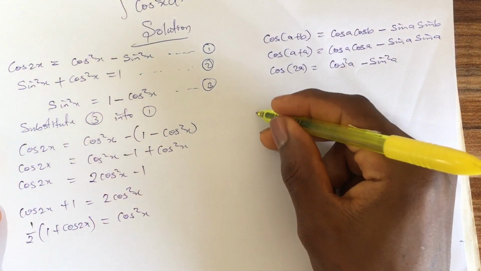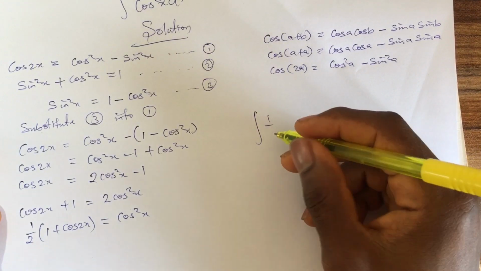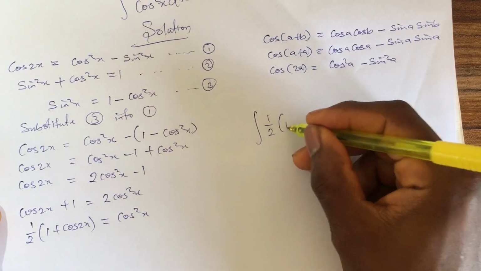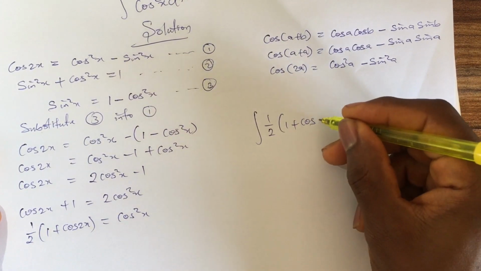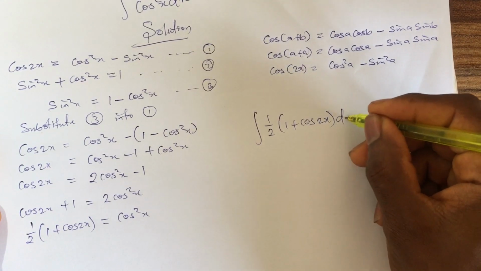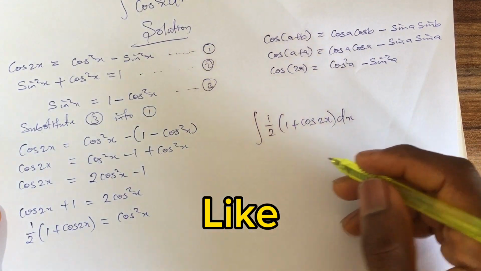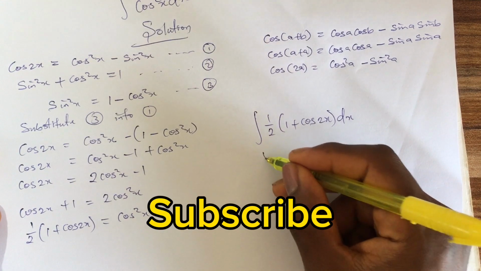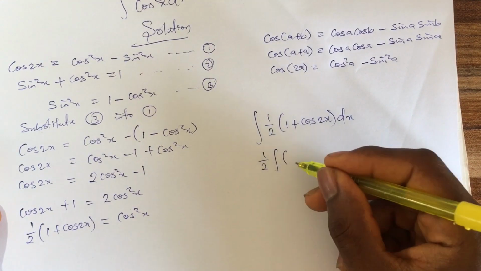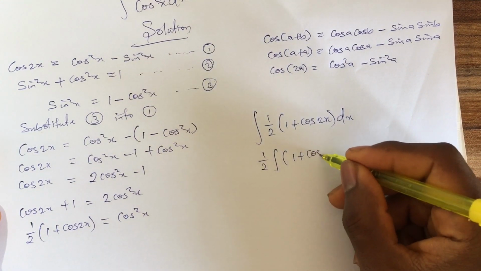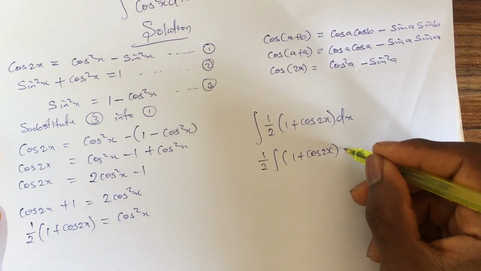So now looking for the integral of cos²x, which is now 1/2 in the bracket of 1 plus cos 2x dx. We now bring out what? The constant. So we have 1/2 in the integral of 1 plus cos 2x dx.